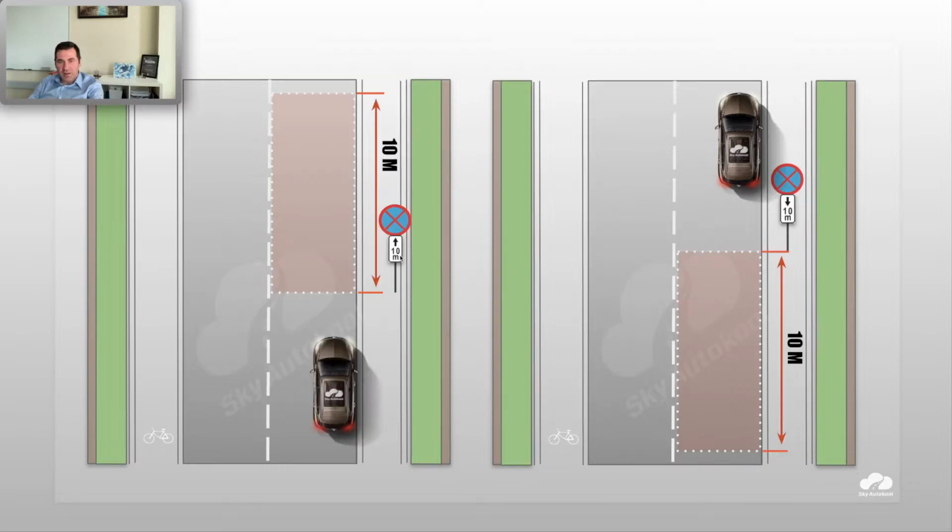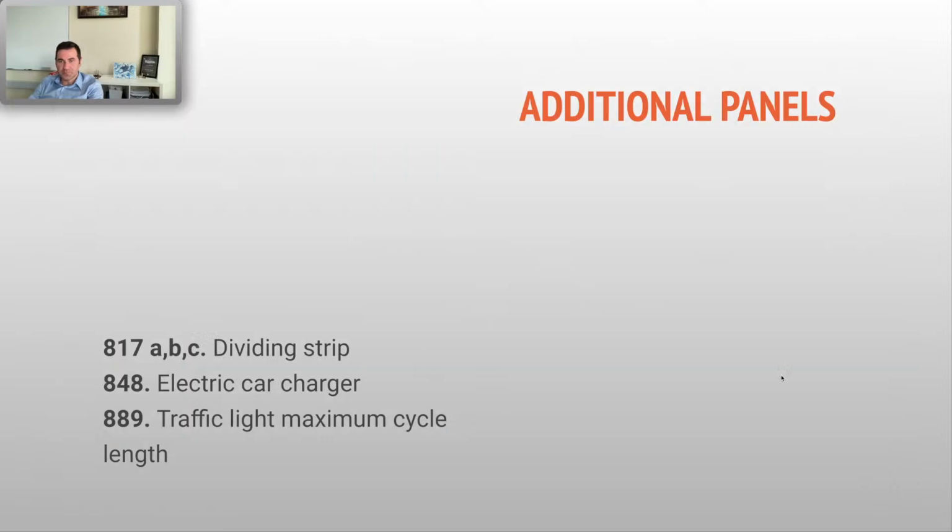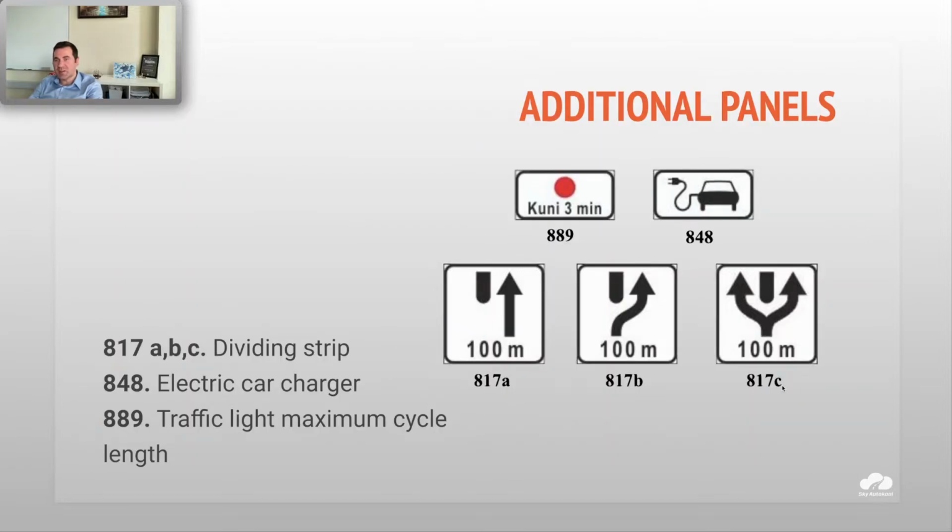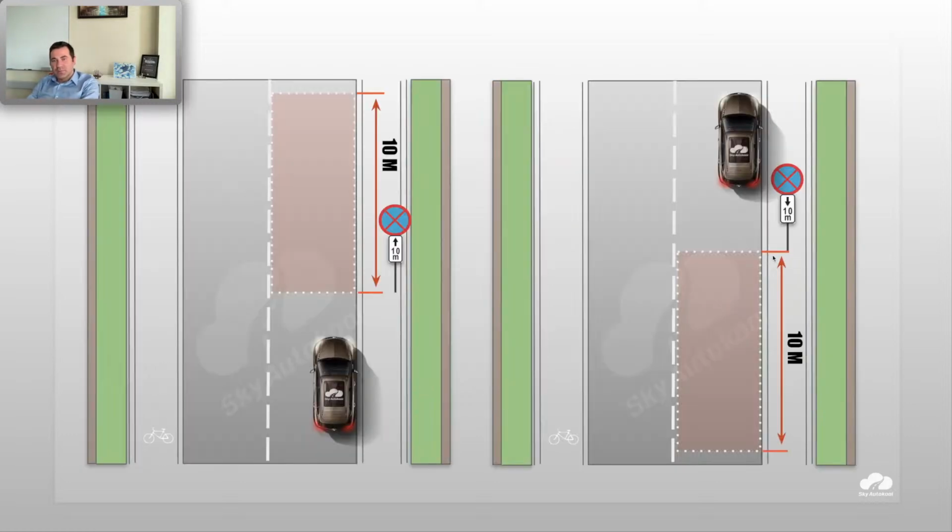Okay. Also an additional panel with this distance. It tells that 10 meters after the sign you cannot park, and for example, like here 10 meters before the sign. Same logic. Well, 10 meters is like the length of, let's say, 2 big cars in general. And those distances are basically fixed, or they could put whatever they want?